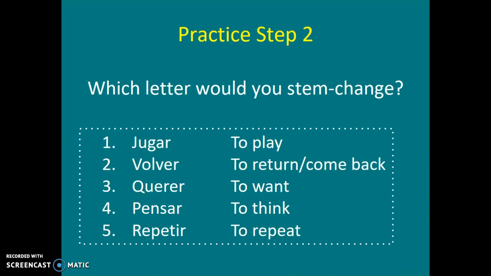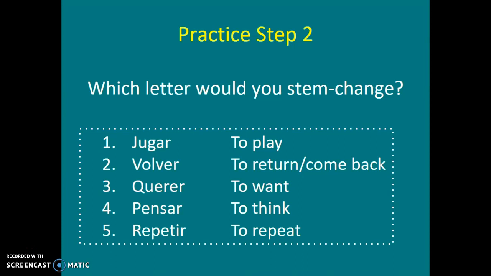There's 5 of them. We have jugar, which means to play, volver, to return or to come back, querer, to want, pensar, to think, and repetir, to repeat. Even though you don't necessarily know what kind of stem change verbs each of these are, what letter would you stem change in each of these verbs?